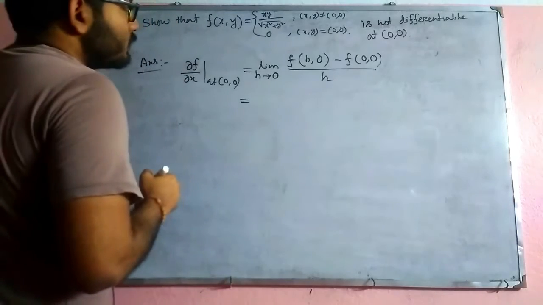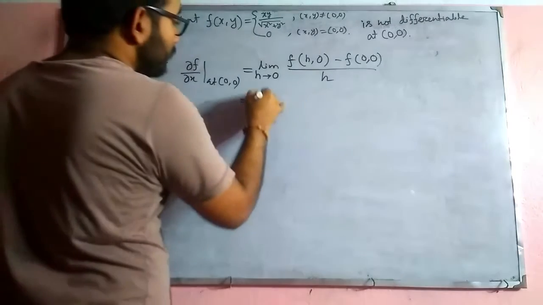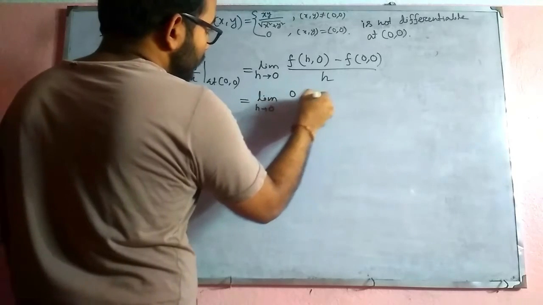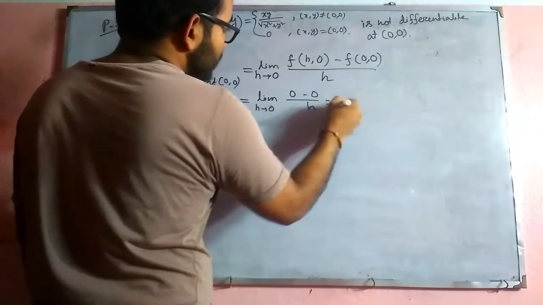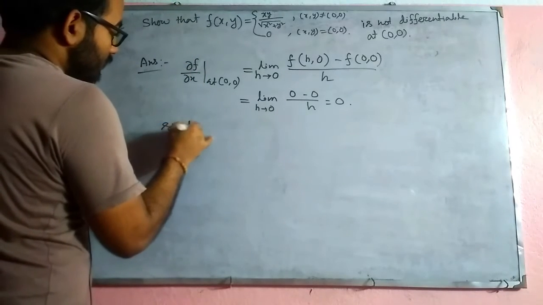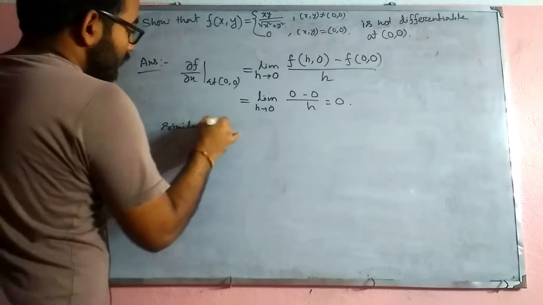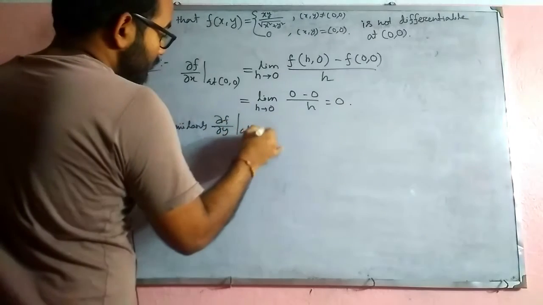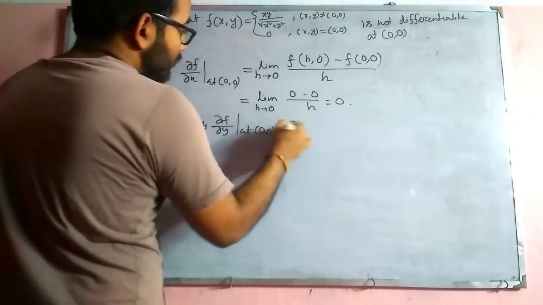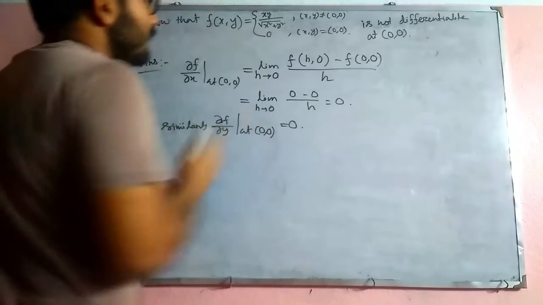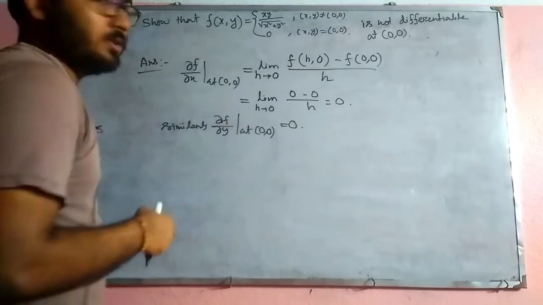But f of h comma 0 is 0, so limit h tends to 0 of 0 minus 0 by h, which is 0. And similarly del f by del y is equal to 0. Easily you can understand that it will be 0.